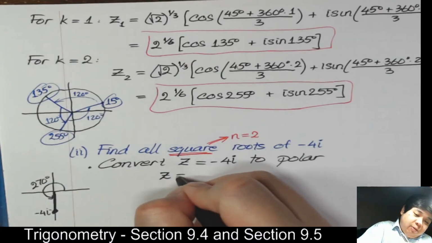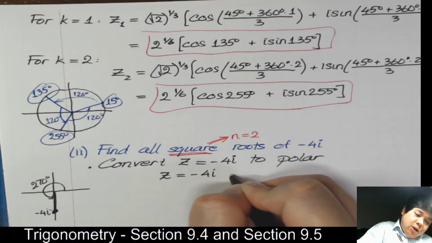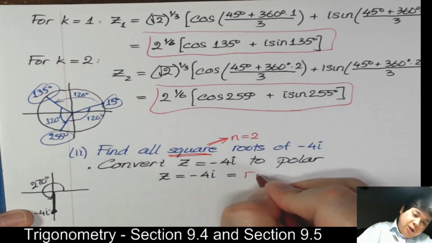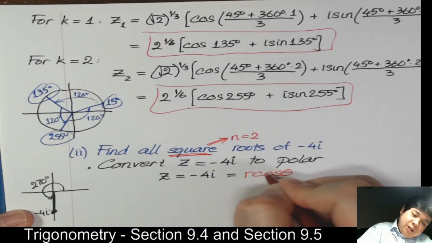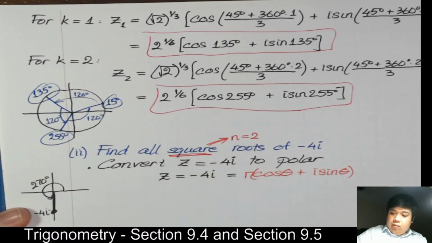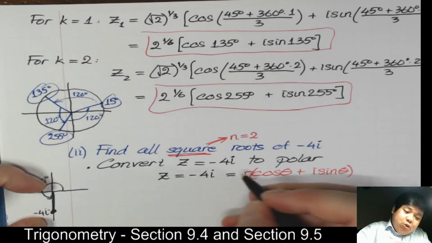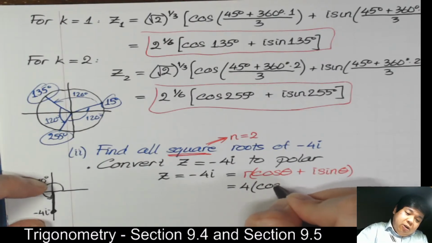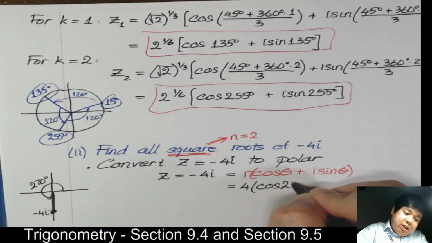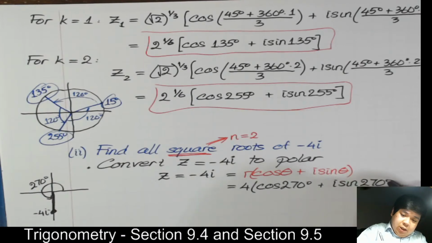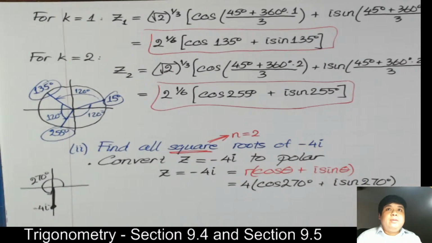So negative 4i is equal to r cosine theta plus i sine theta. The modulus is 4, the angle 270 degrees.